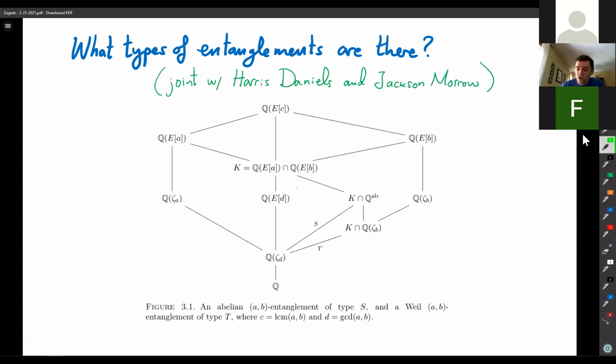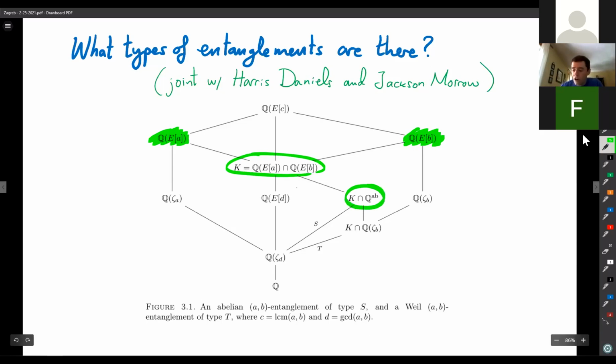So suppose that the A division field and the B division field are entangled, and then if you look at their intersection, we're interested in abelian entanglement. So in their intersection, look at the largest abelian extension within that intersection.